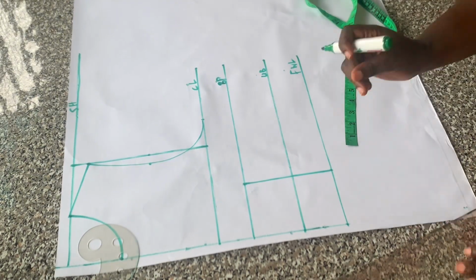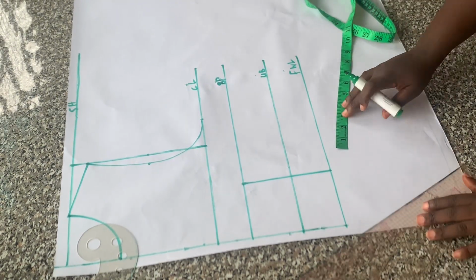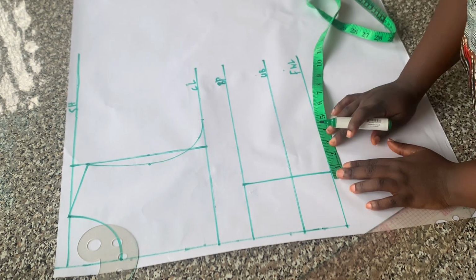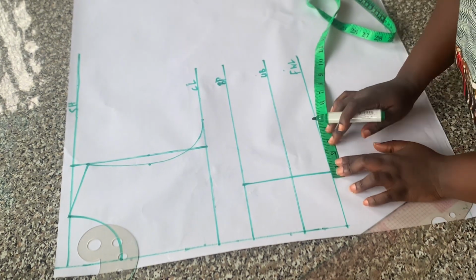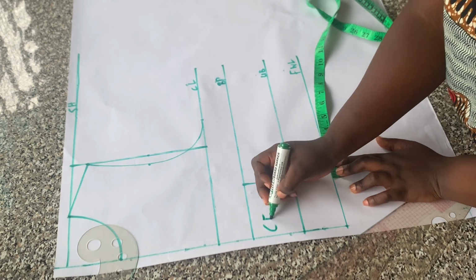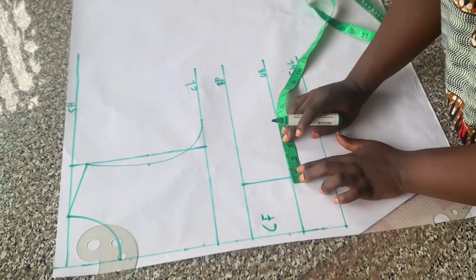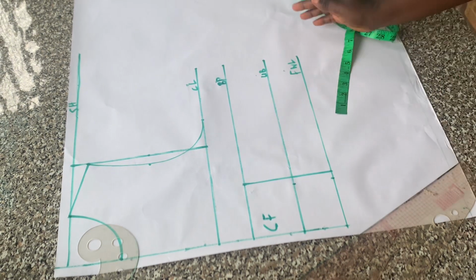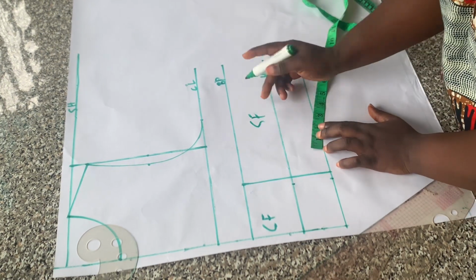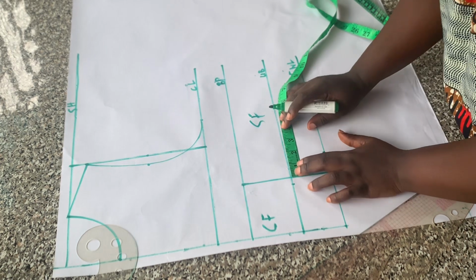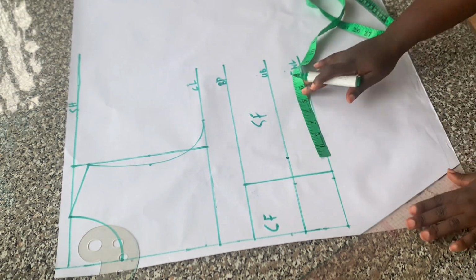On the bust span line, the side facing towards the center front, I placed ½ inch on the waistline and on the under bust line. That is my center front. On the second side, the side facing towards the side front, I marked 1.5 inch on the waistline and on the under bust line.